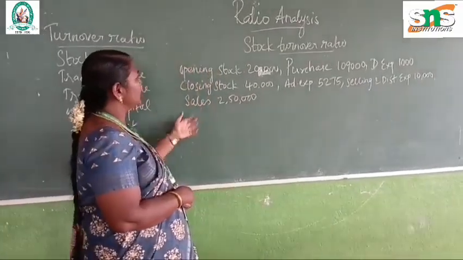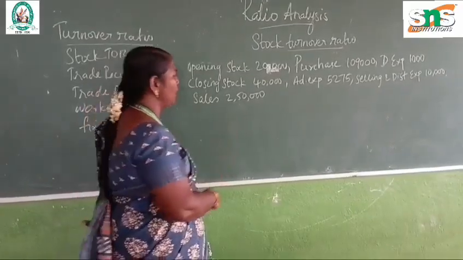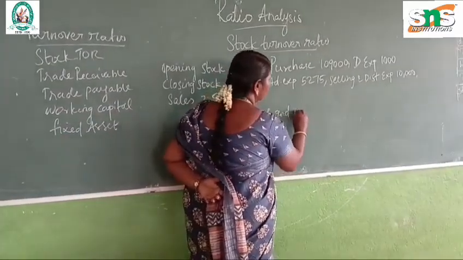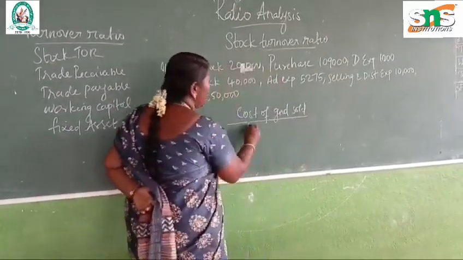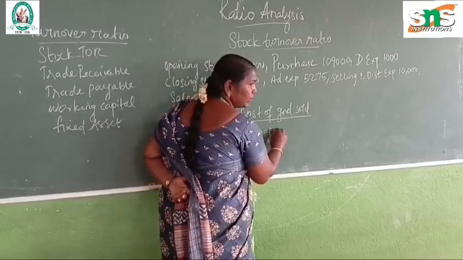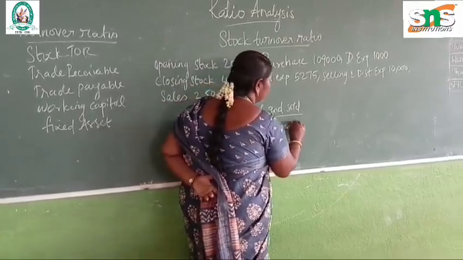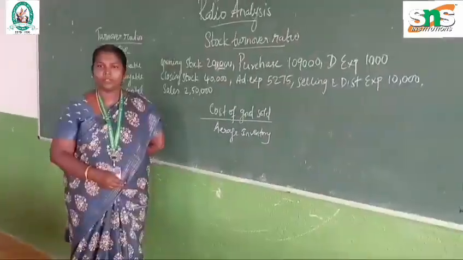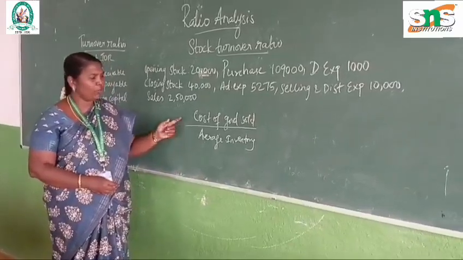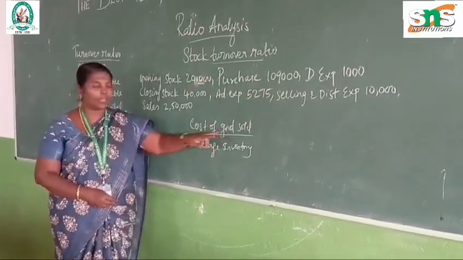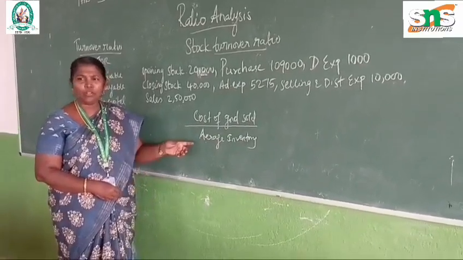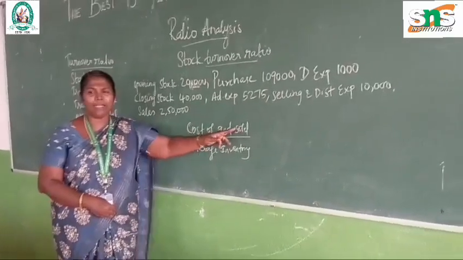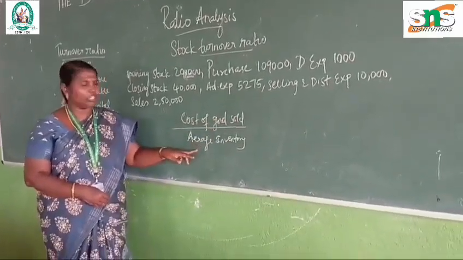The stock turnover ratio formula is cost of goods sold divided by average inventory. We know the meaning: the turnover is the cost of goods that should be sold or replaced, divided by the average inventory.